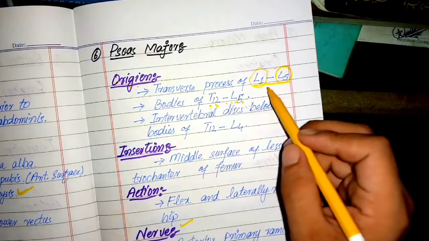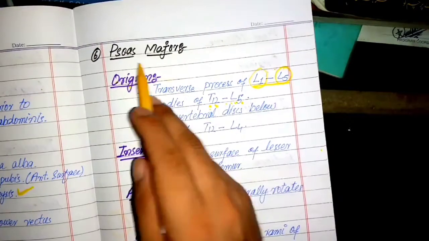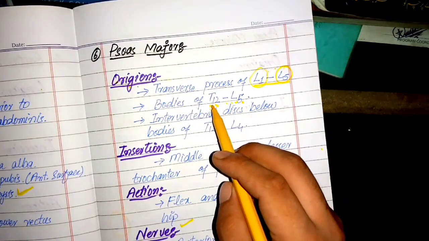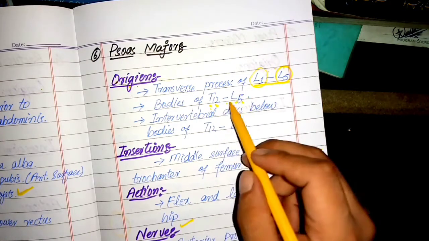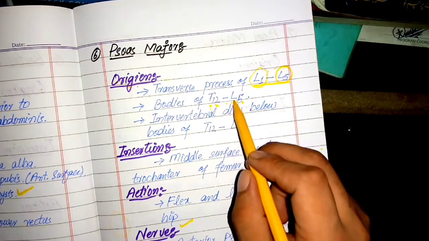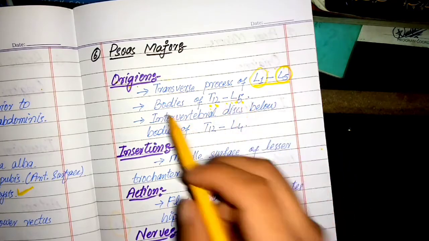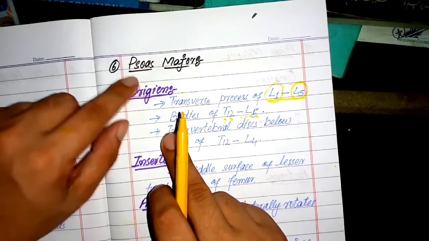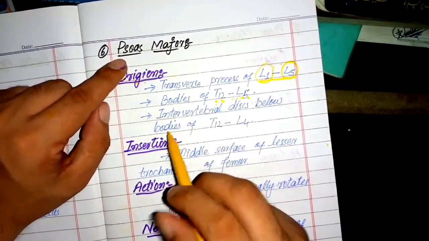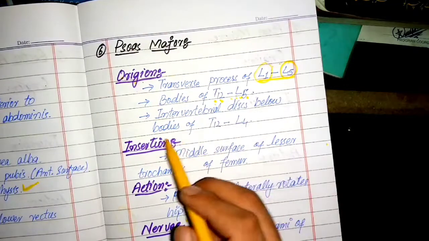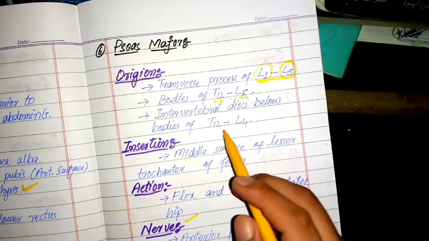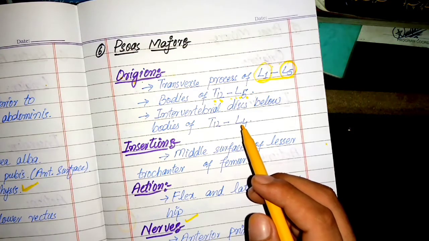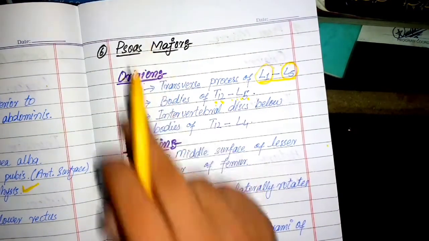The transverse process is the origin point for the psoas major muscle. The bodies of T12 to L5, meaning thoracic vertebra 12 to lumbar vertebra 5, are also attachment points for the psoas major muscle, right? And the intervertebral discs between the bodies of T12 to L4 are also associated with the origin of the psoas major muscle, right?